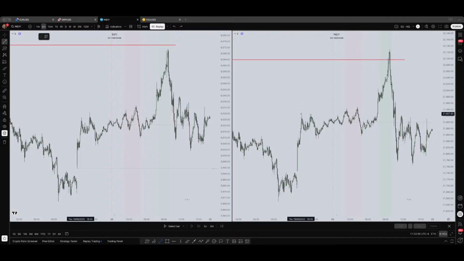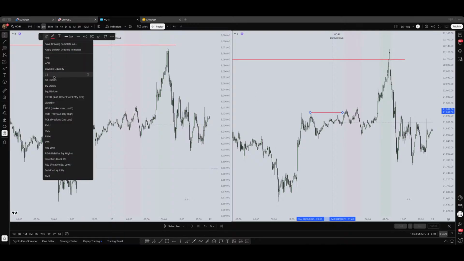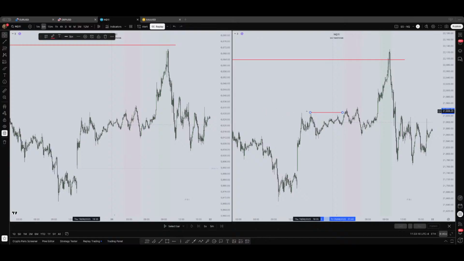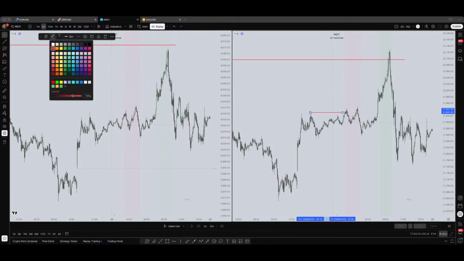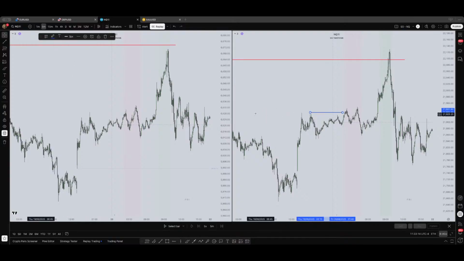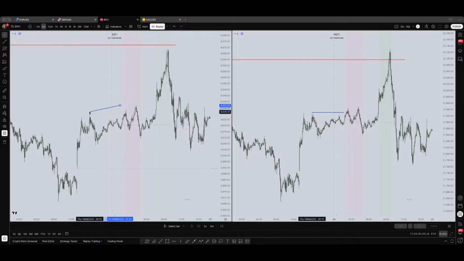So this is the Asian session from the previous day, which is Thursday. Okay, so I will put in blue the previous highs of the Asian session.